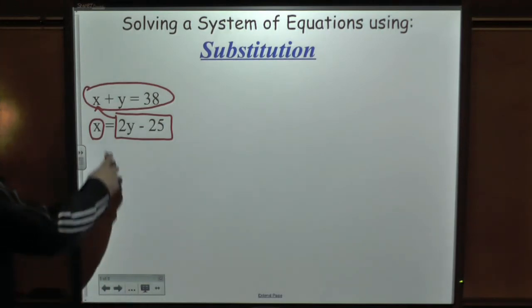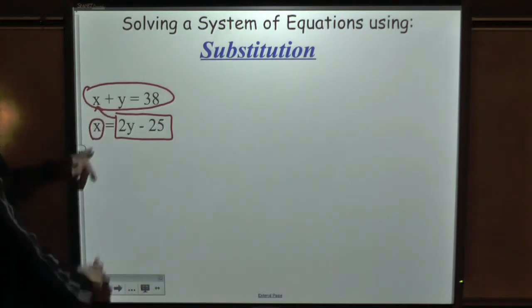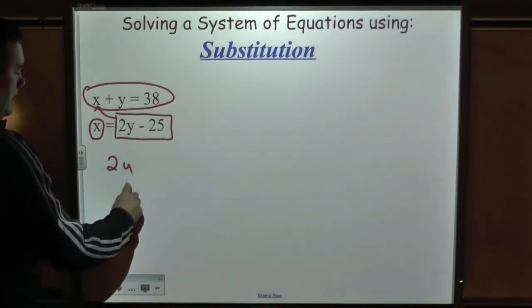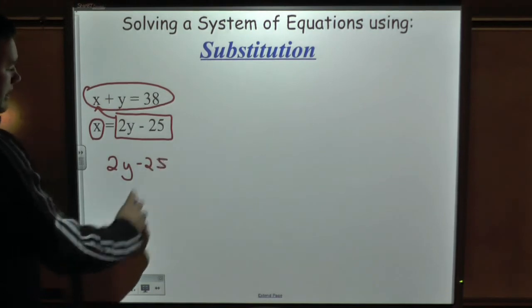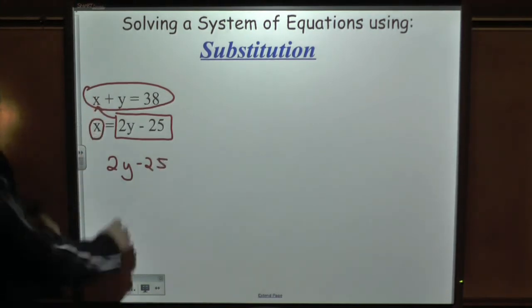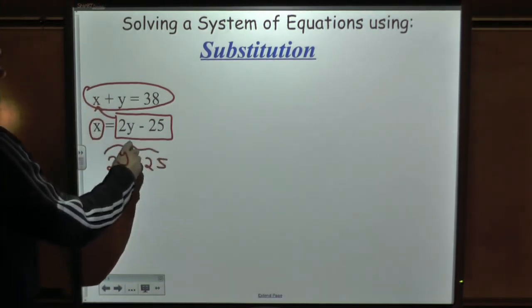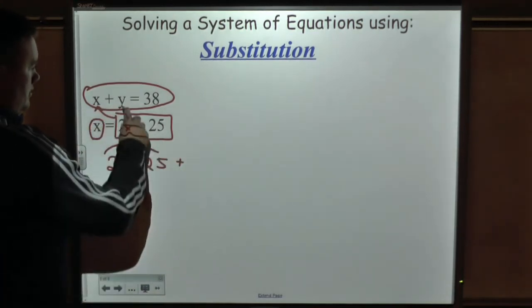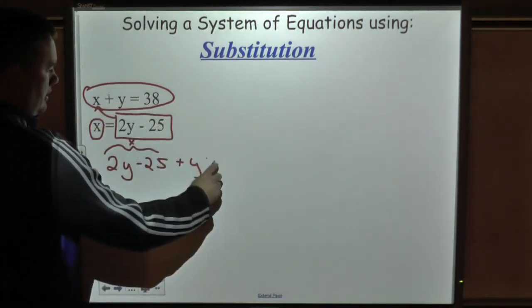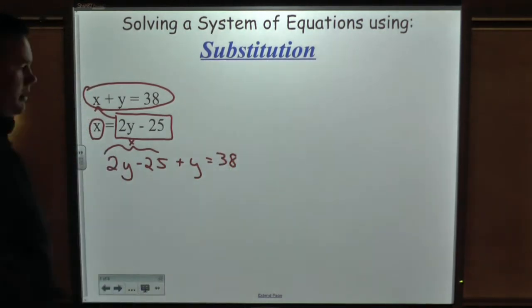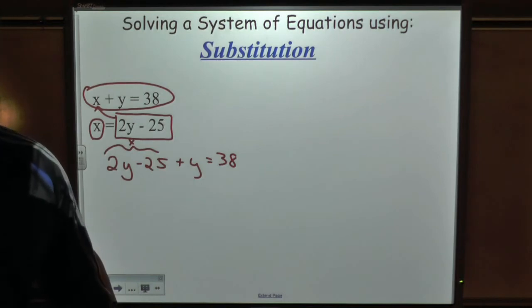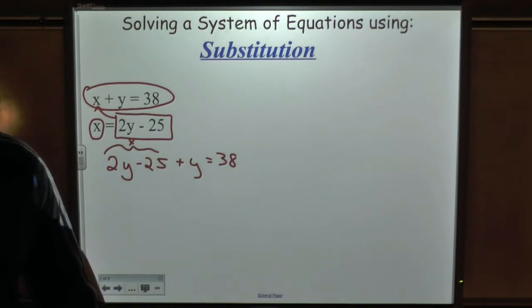And how I'm going to rewrite it is instead of writing an x, I'm going to write what the value of x is. So I'm going to write 2y minus 25. That's the value of x. And then plus y equals 38. If that did not make any sense, rewind it, listen to what I said again, and then move on.